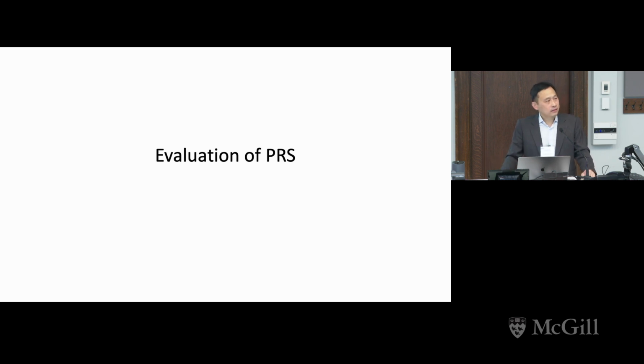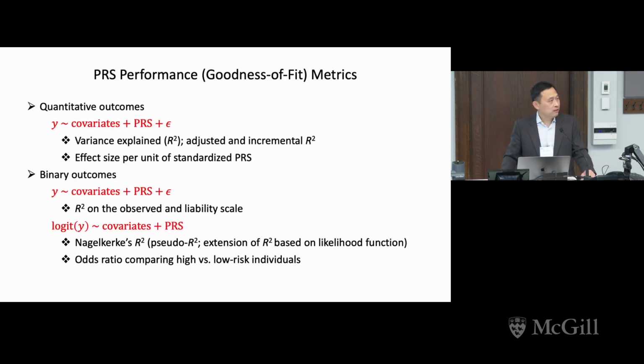But after the prediction, you probably want to take a look at how well you are making this prediction. You can do that by using a simple linear regression if it's a quantitative trait. Just make sure you include all the covariates in your prediction, because otherwise that would inflate your estimate. So, let's say you have height as your trait of interest.